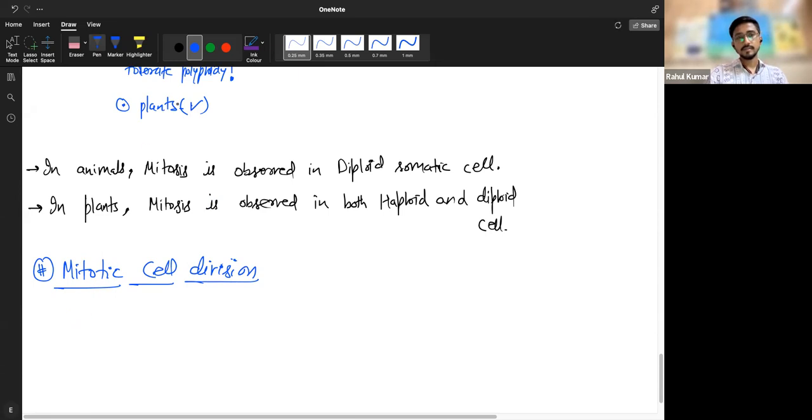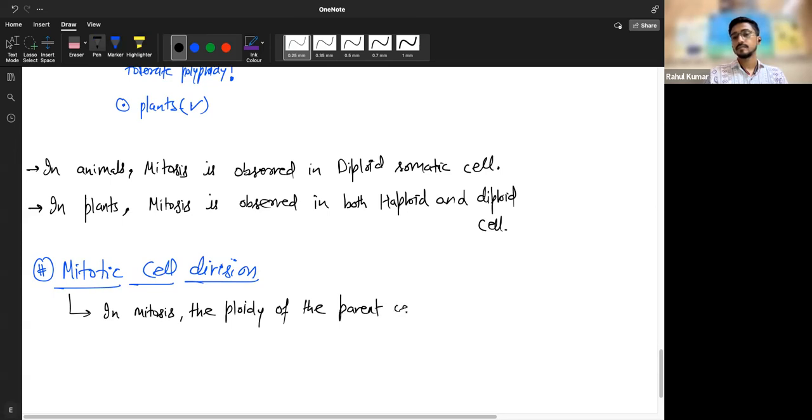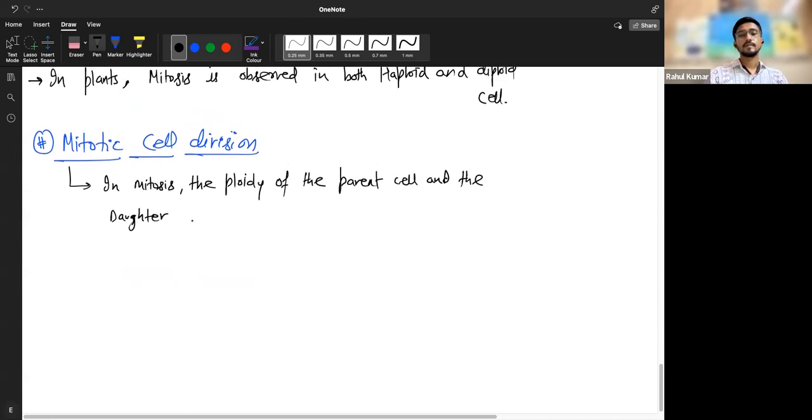In mitosis, the ploidy of the parent cell and the daughter cells.